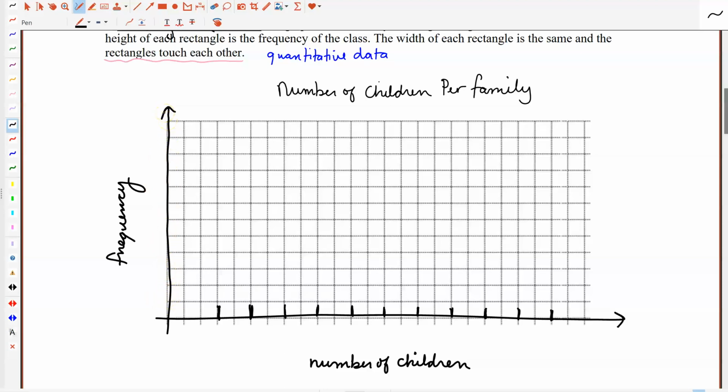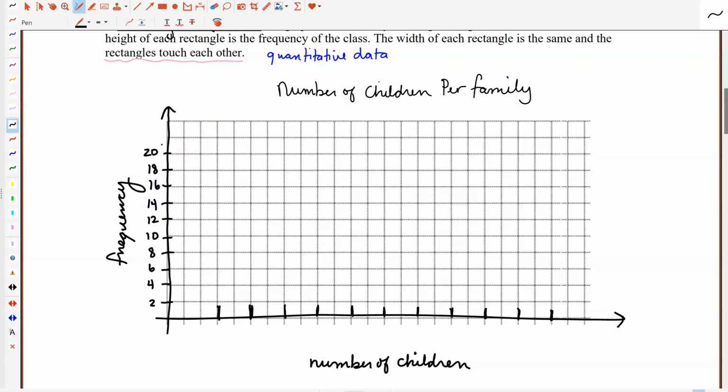So I'm going to try to count by 2 and see if I can fit that. So this is going to be 2, 4, 6, 8, 10, 12, 14, 16, and 18. There we go. So I'm going to be able to fit that.